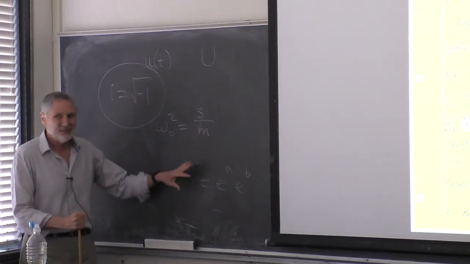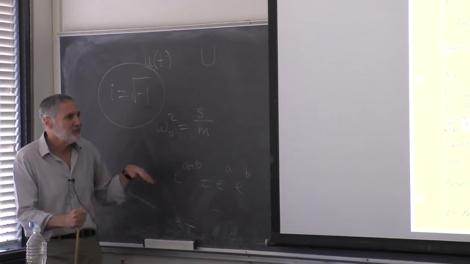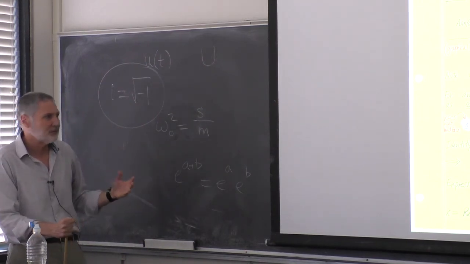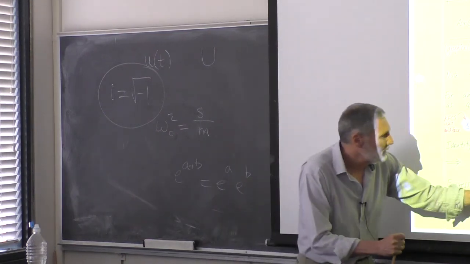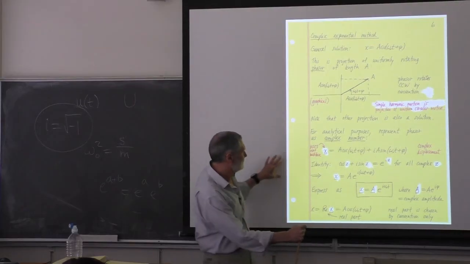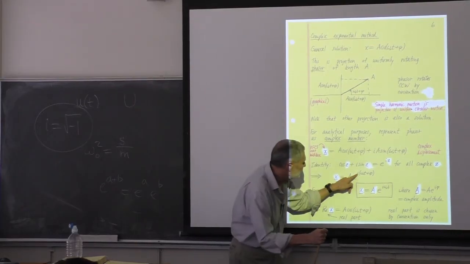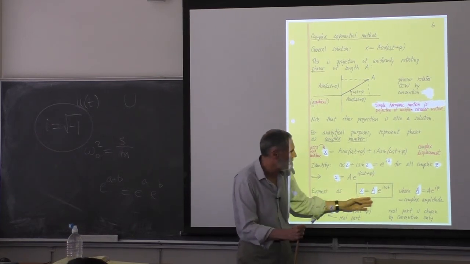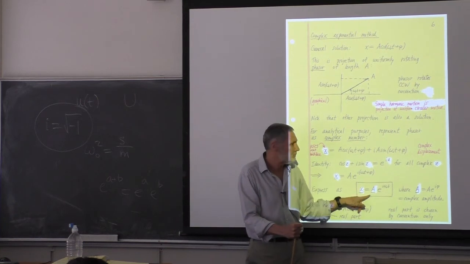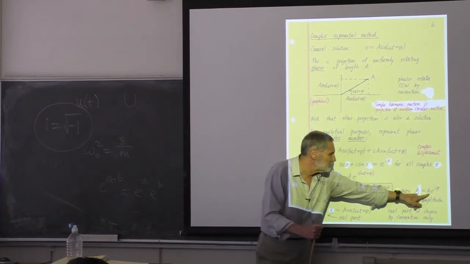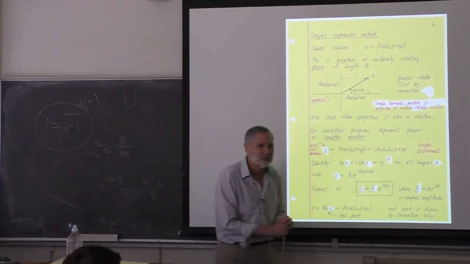It's nice and easy here. It's because we've gone to this uniform circular motion rather than these sinusoids. So we can lump this e to the i phi into the A here, and we can write it like this. And now we have a complex amplitude. The complex amplitude is the actual amplitude with this phase factor here.